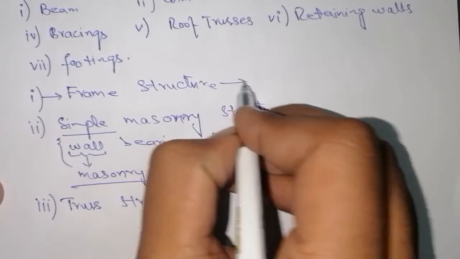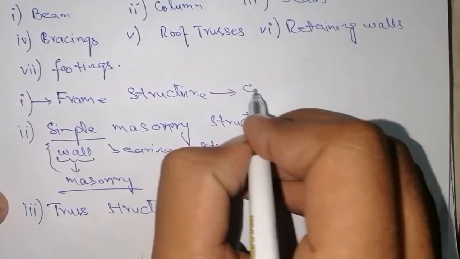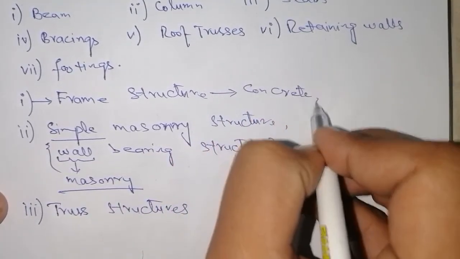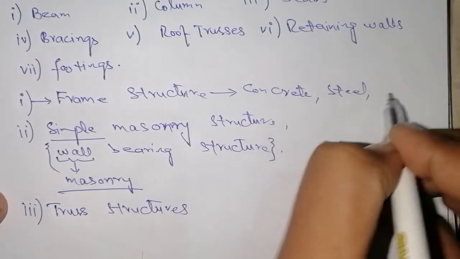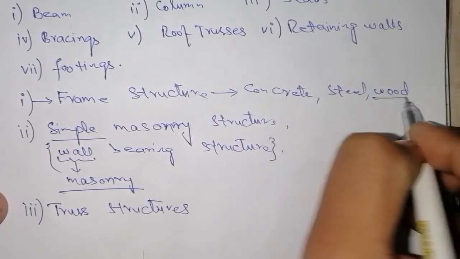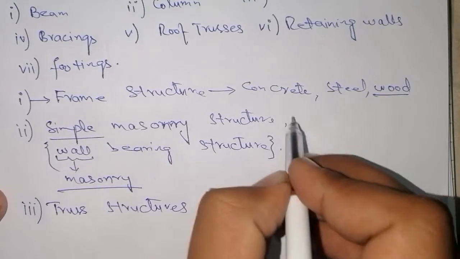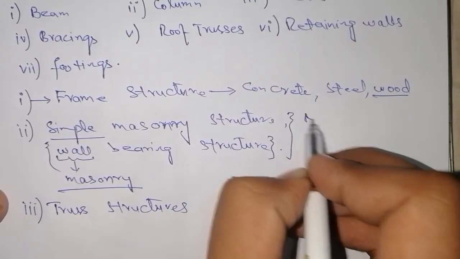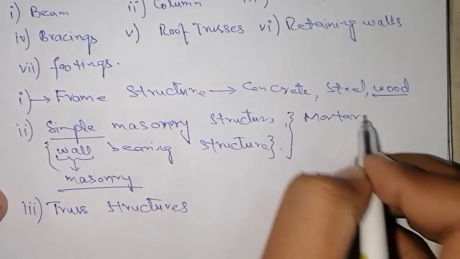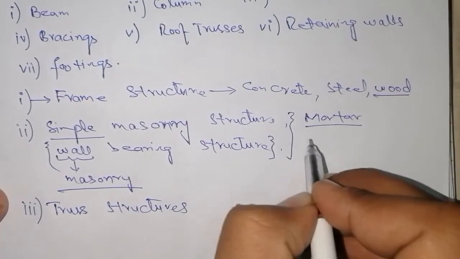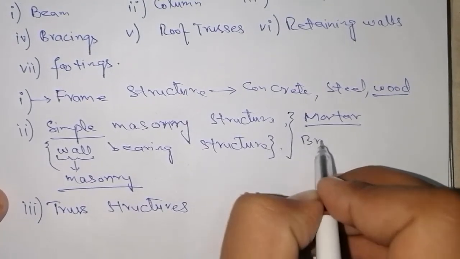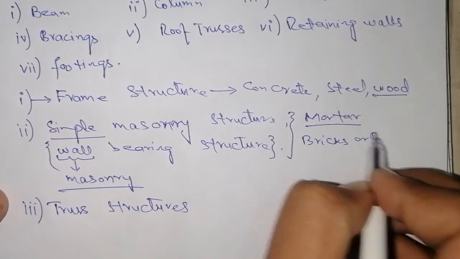So frame structures are mostly made of concrete or steel, or sometimes they are made of wood if they are low rise. And simple masonry structures, as we know, are constructed by using mortar for courses and bricks or blocks.